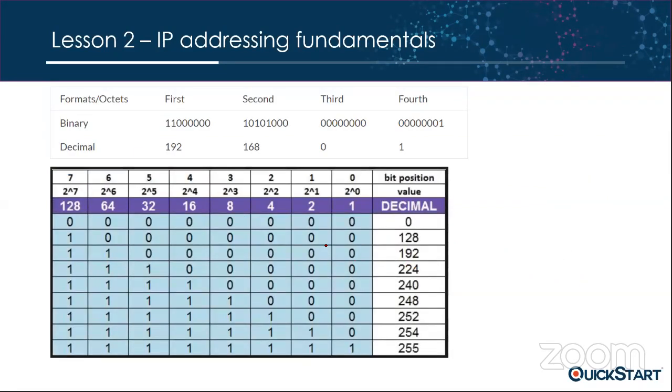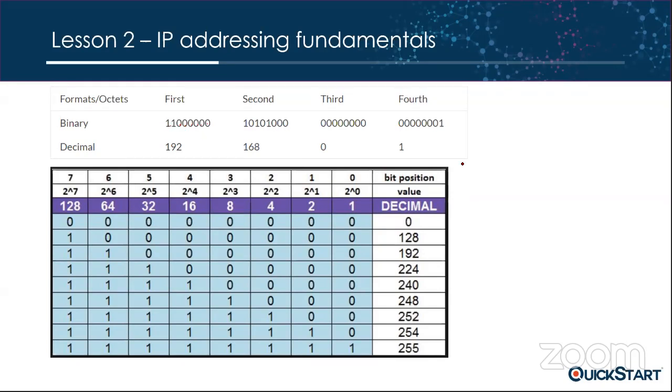So let's talk about the IP addressing fundamentals here, or more precisely how to convert to binary. These are the values. As I told you, it's an octet. It has 8 bits, right? From this, count 1, 2, 3, 4, 5, 6, 7, 8.